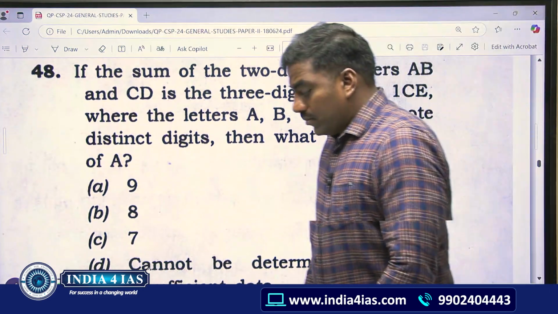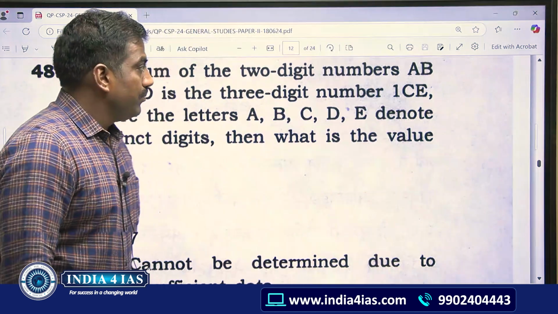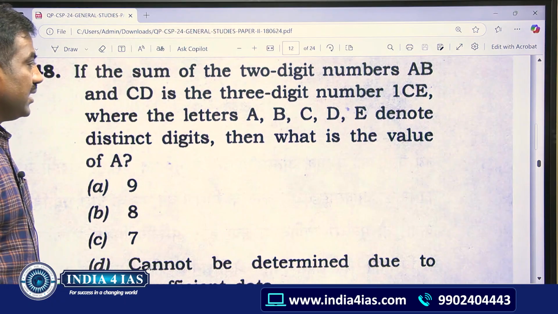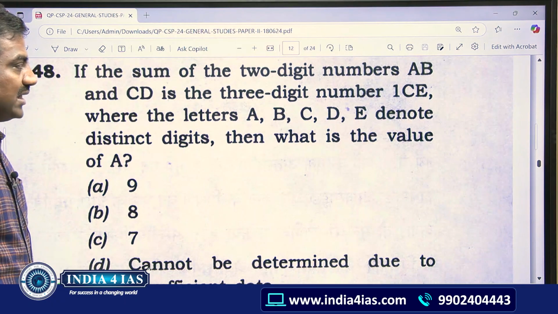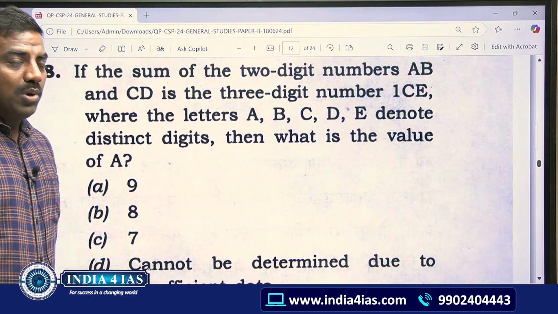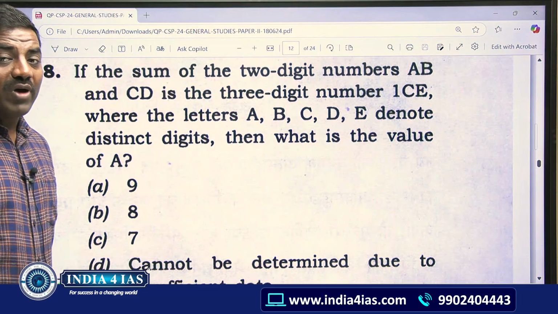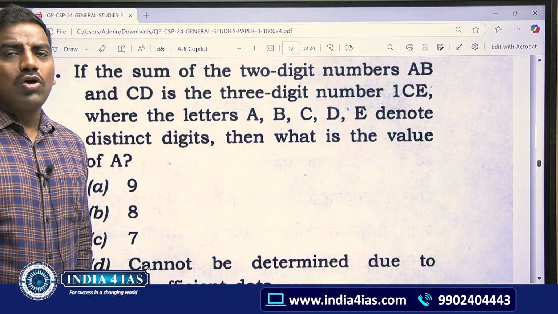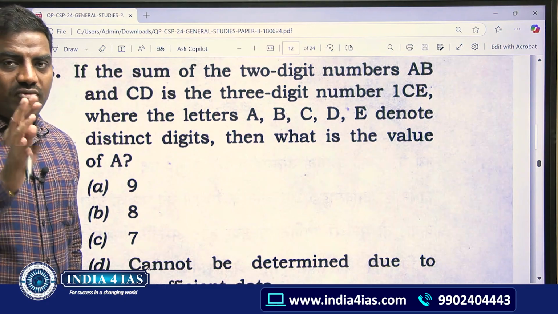If the sum of a two-digit number AB and CD is a three-digit number 1CE. See, this is like a problem where we have to find out the value of all these numbers. We cannot call them variables. They are not variables.